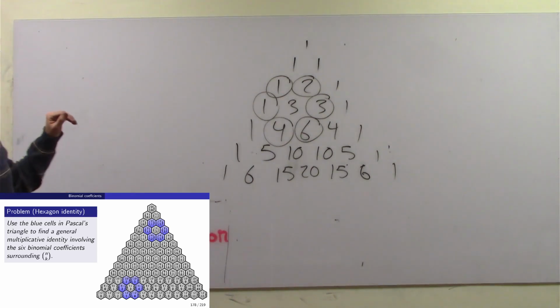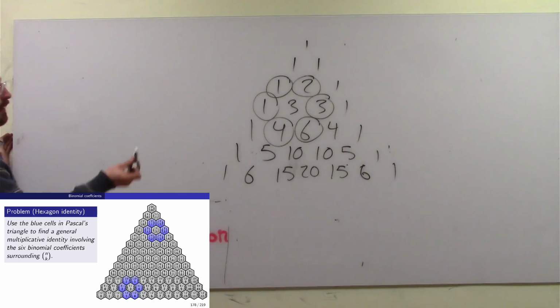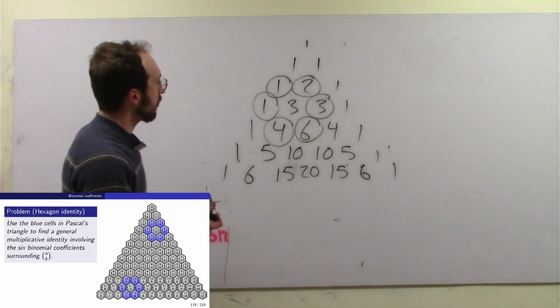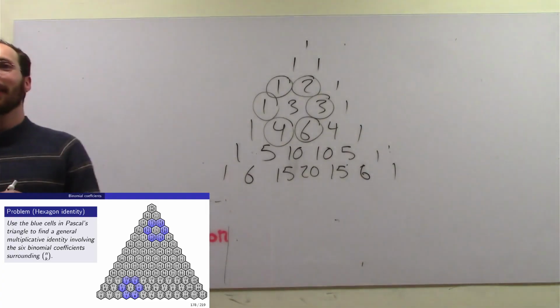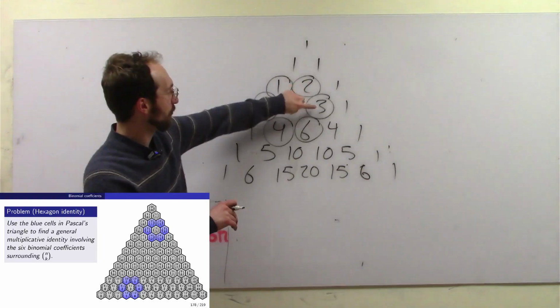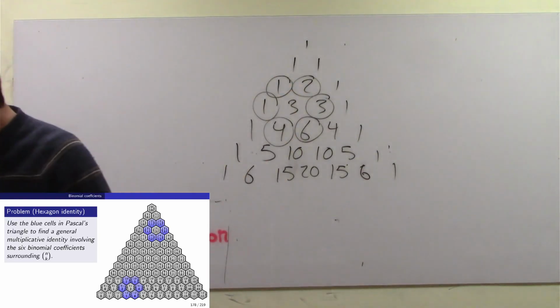So the last one with the hockey stick, we added up terms and we got something nice. I don't know. Let's try and add things up here and see what happens. What would you even try and add up? What would we even want to see here? Do we see anything going on with 1, 1, 2, 3, 4, and 6?